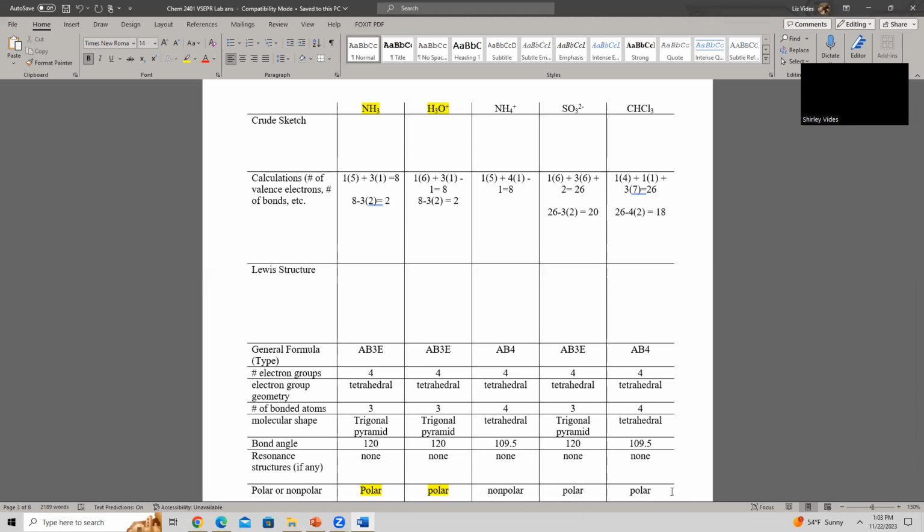So it would look something like this if we do a quick Lewis structure. All right, so let's do it quick. Chlorine, and I'm not putting the dots right now because I just want you to see. Hydrogen and carbon, the dipole is going to move this way. The chlorine is more electronegative than carbon, so all these dipoles are going that way.